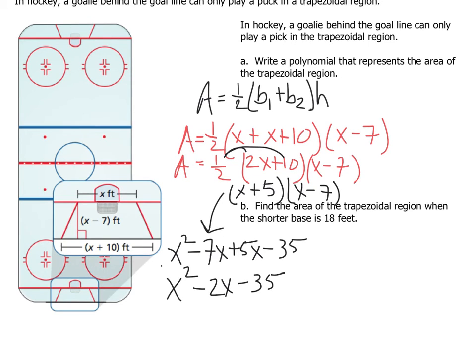Here's the answer to A. Now, B says, find the area of the trapezoidal region when the shorter base is 18 feet. Well, what is the shorter base? Shorter base is right here, right? Because x plus 10 has to be bigger than that one.